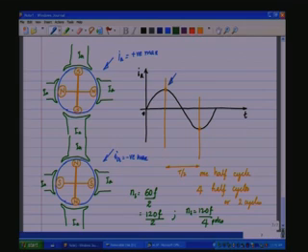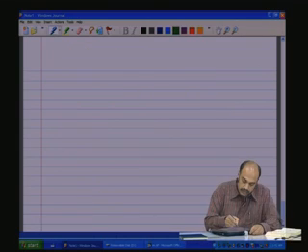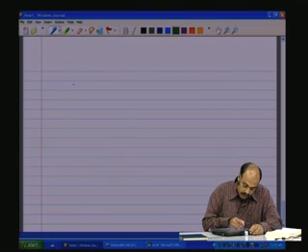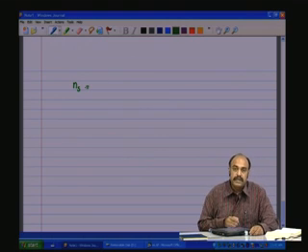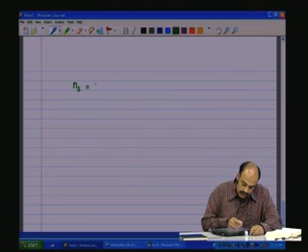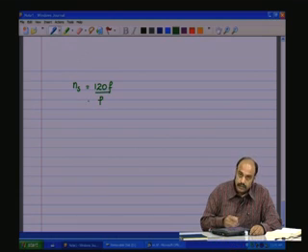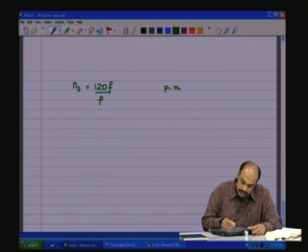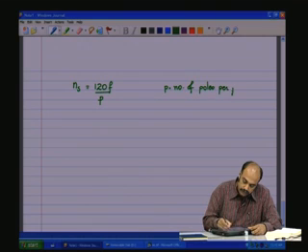So if you have P poles, it becomes 120 f by P. So you see that it actually slows down the system if you have more number of poles. So the Ns, the synchronous speed of the flux, is 120 f by P. Here P is number of poles per phase.